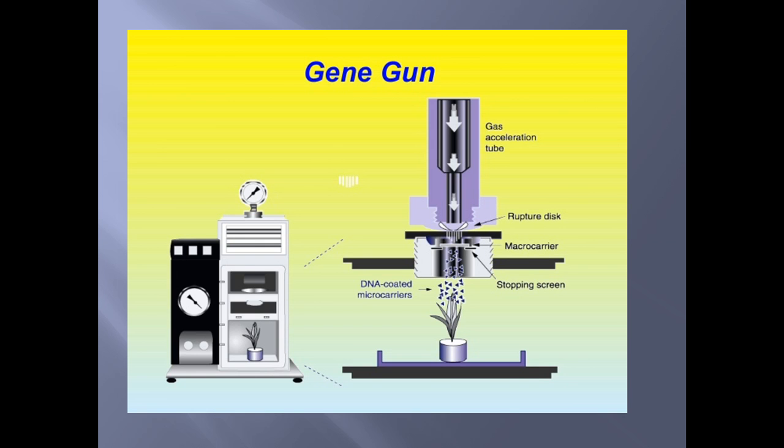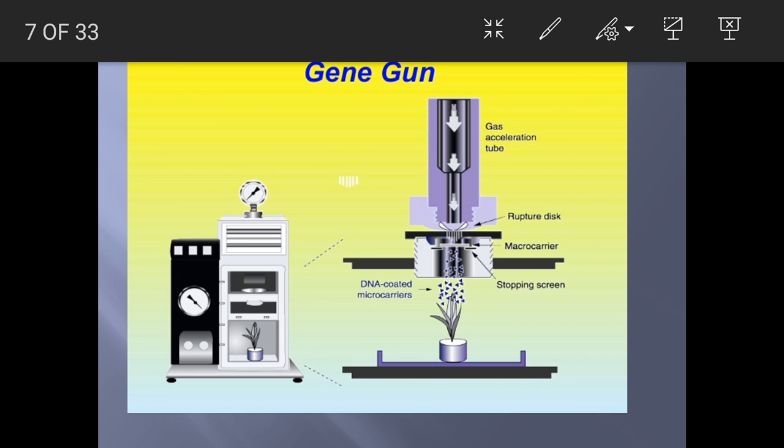Clearly in this slide you can find how the gene gun works. To operate this instrument, the gas acceleration tube is connected to the helium gas cylinders.